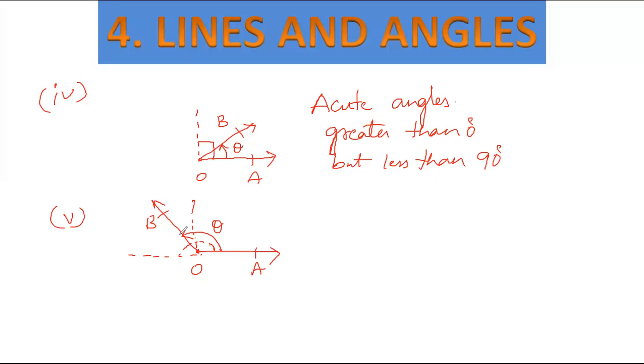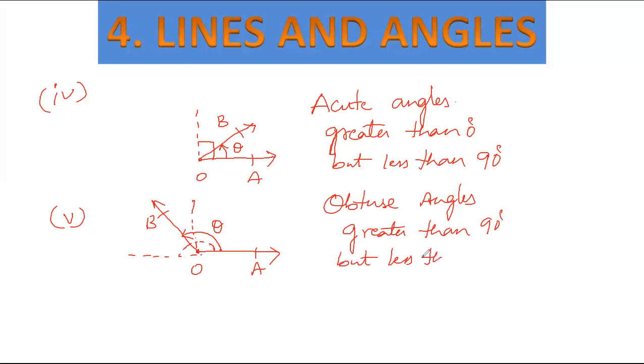Such angles are called obtuse angles. Greater than 90 degree but less than 180 degree.